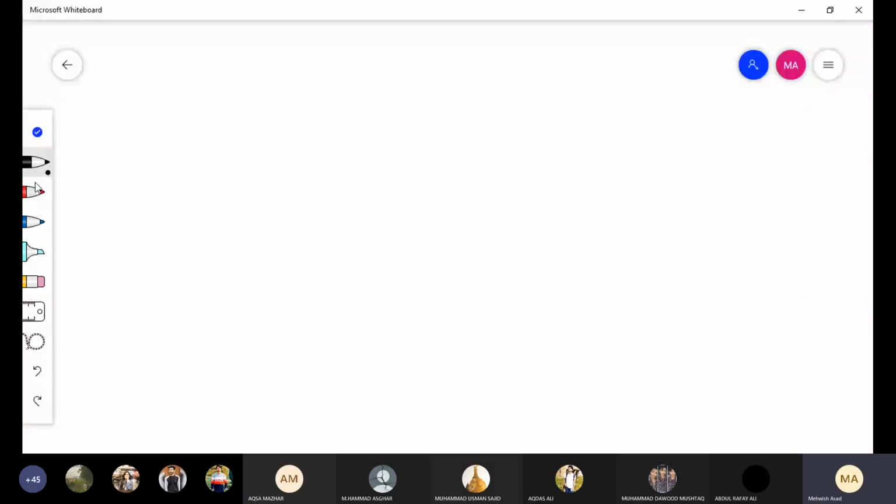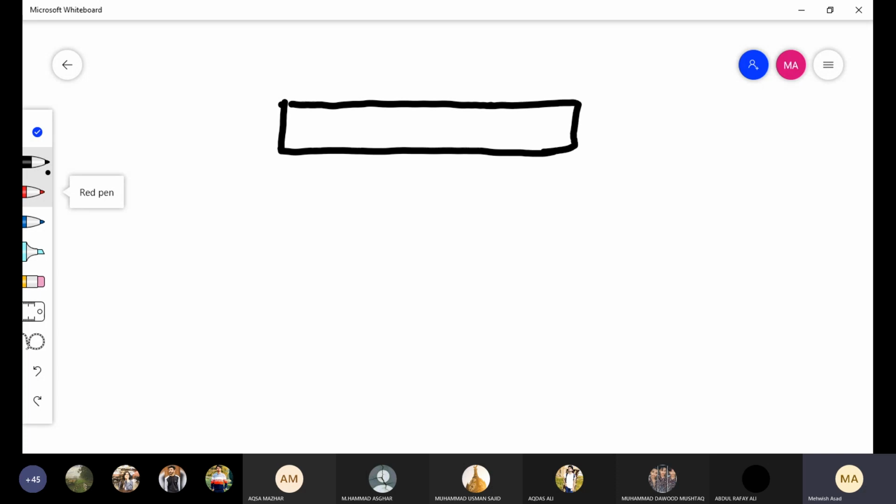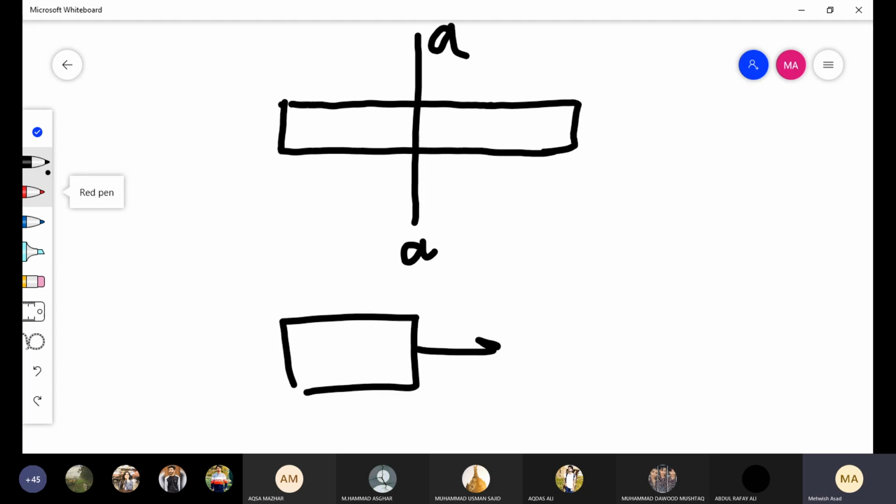So the first step in analysis of any structural member is to determine internal forces. If you have any member, you simply pass a section through it. Let's call it section AA. You will see what is happening inside, how many forces.